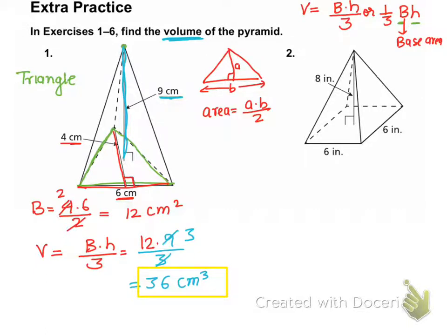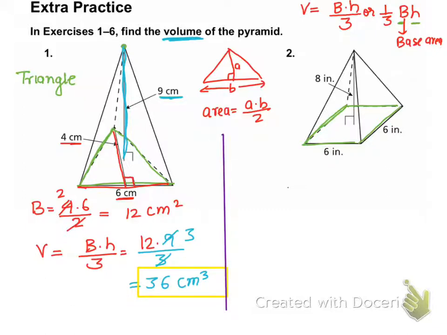Let's move to the second question. Again, as I told you, always try to look for the base. Let me just draw the line from here. Always try to look for the base. So we are going to identify the base here first. So when I look at it, I see this is the base. I have to find my base area.